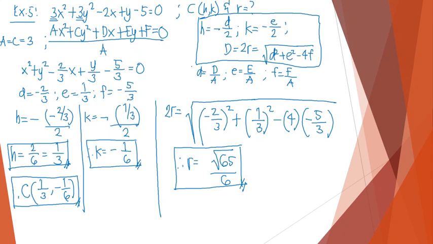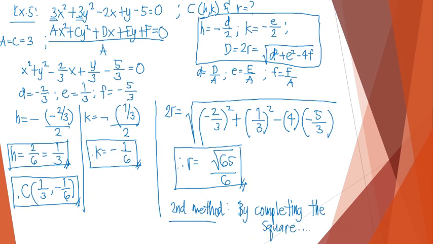So this is the simplified form, and you have to familiarize yourselves with the formula I introduced earlier. But if you forgot these formulas, the second method is completing the square.